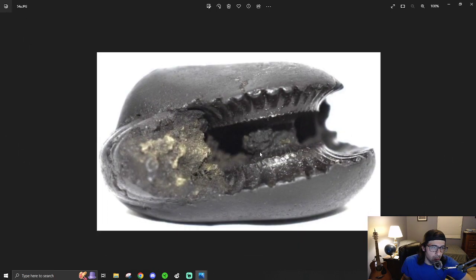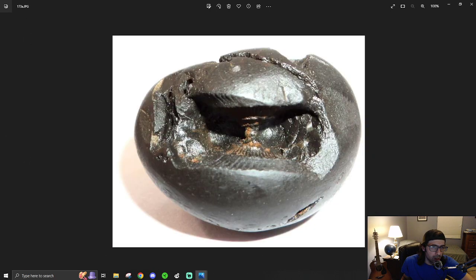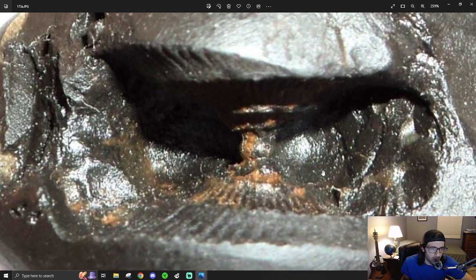Two particles splitting. Like here, I feel like there's a particle kind of lodged here, and then another one here. So like a small and large one that almost are being shaped out of the stone. I don't know.